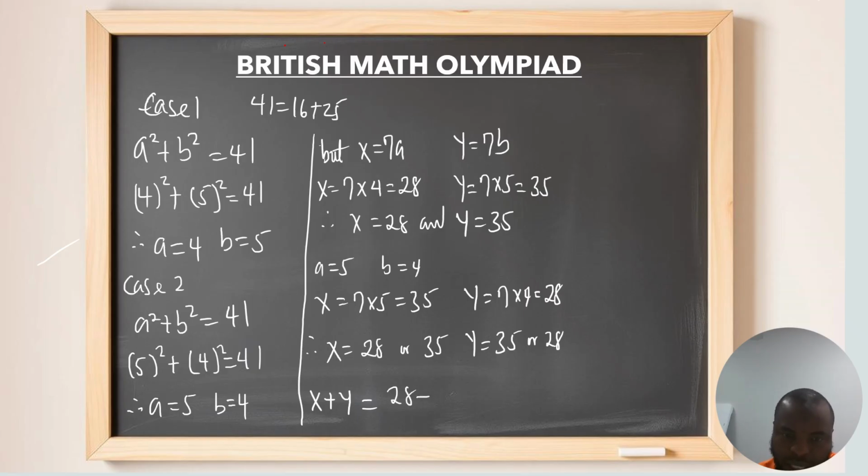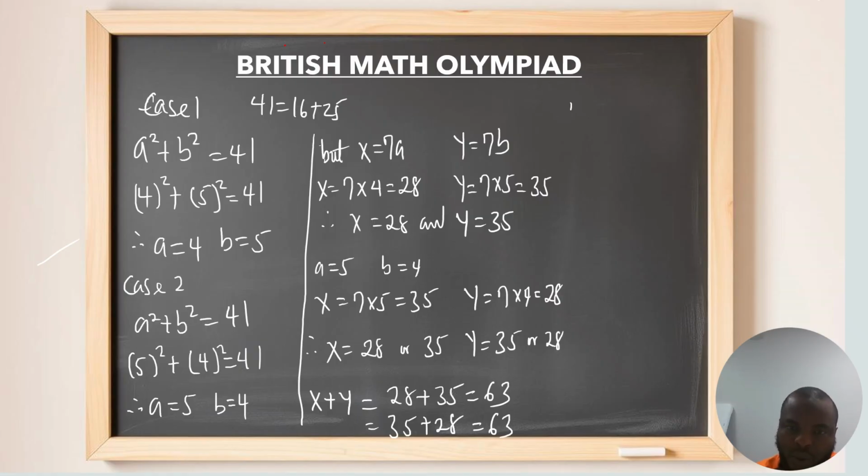It can be 28 plus 35, which is going to be 63. Alternatively, using case 2, x and y are 35 plus 28, which is still going to be 63.